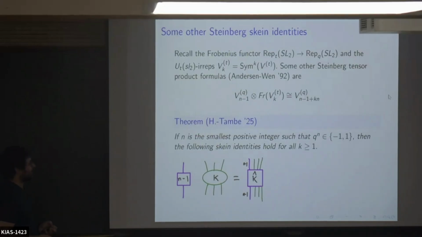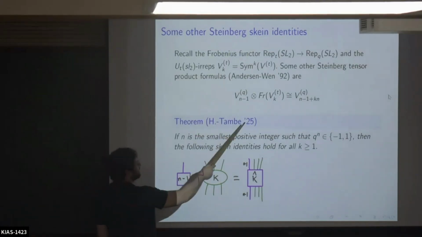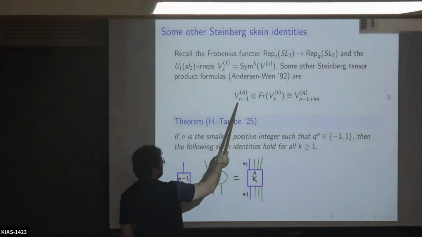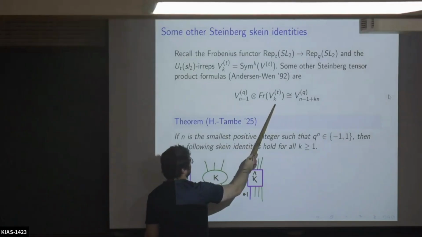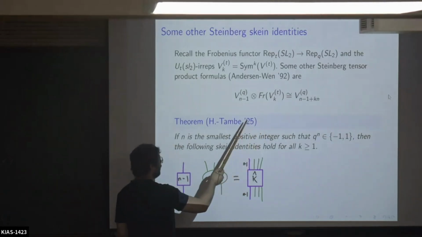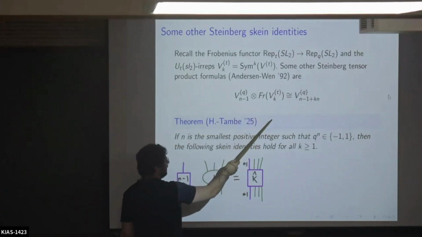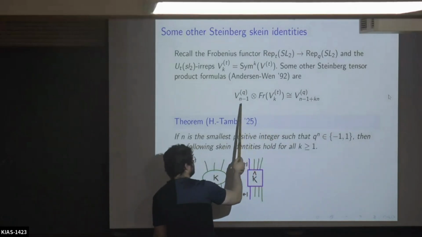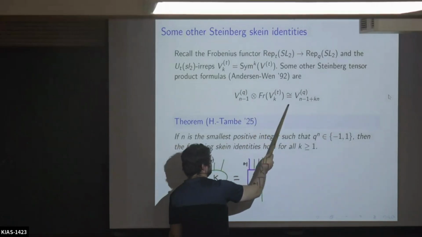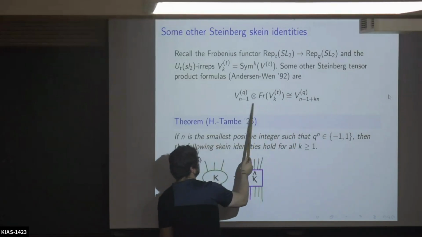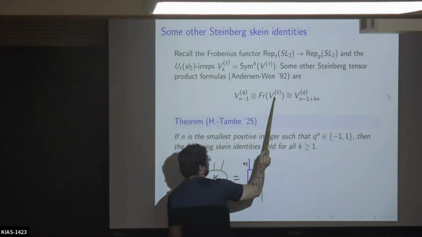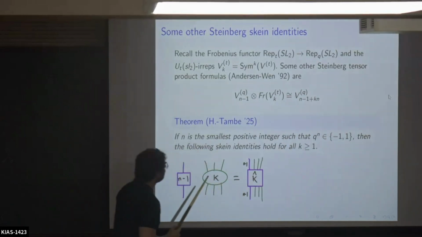So the Steinberg skein identity, or the Steinberg tensor product formula we showed earlier, was if you took the Steinberg module and you tensored with the Frobenius of the standard module, but now we replace the standard module with the highest weight K classical module. And here we have a tensor product formula where you take the Steinberg tensored with the Frobenius, gives us another highest weight module. And here we've taken n-1, and we added a weight kn to it.